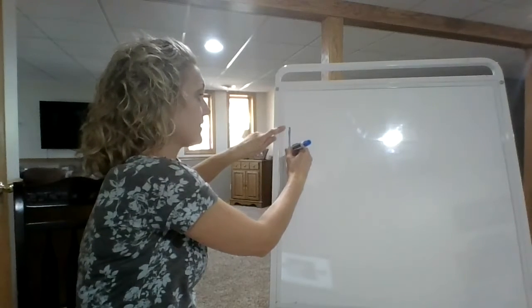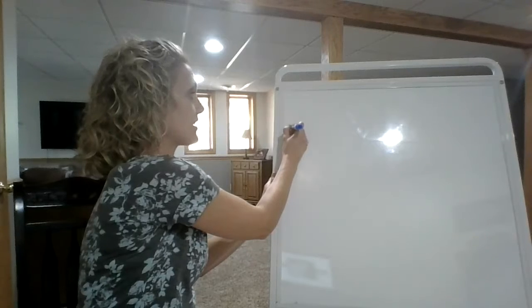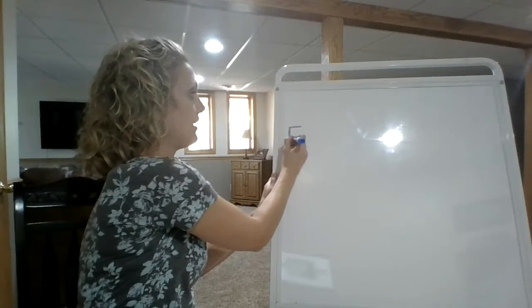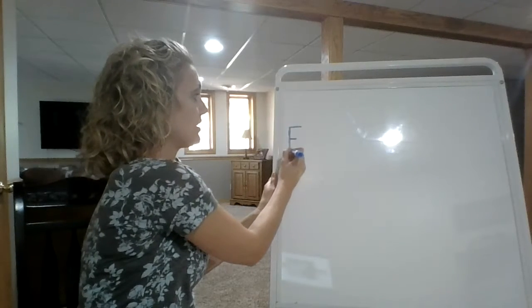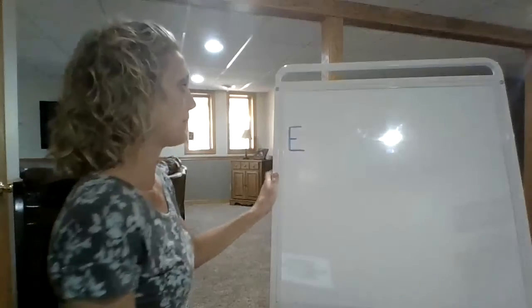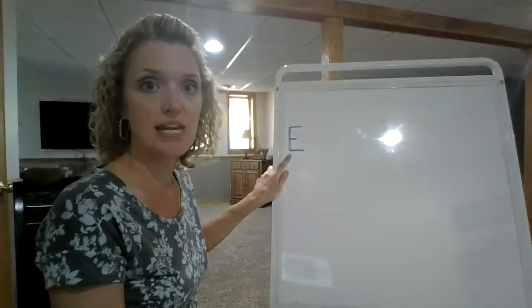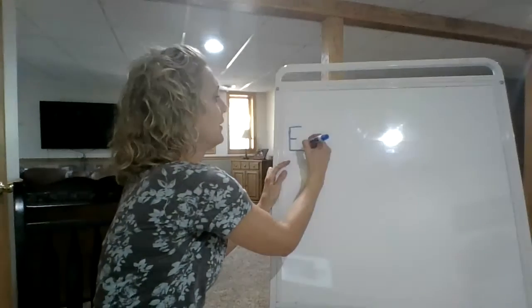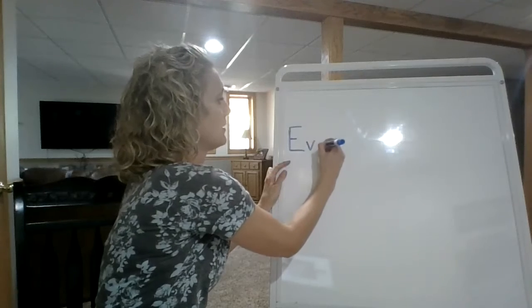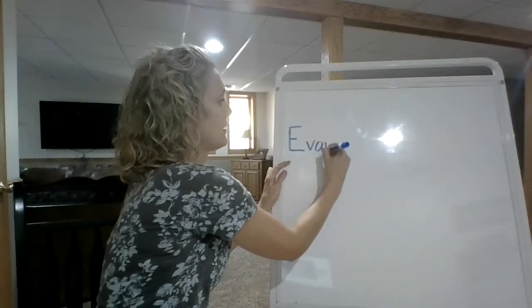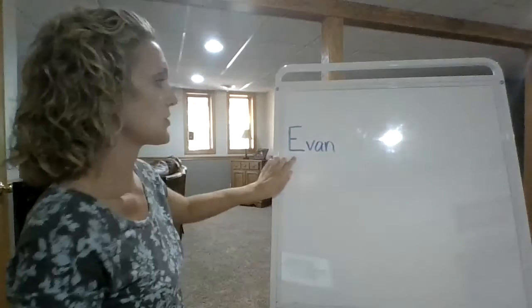So big line. Then he has another line at the top, a little line in the middle, and another big line at the top. So his name starts with an uppercase E. Then he has a V, A, N.